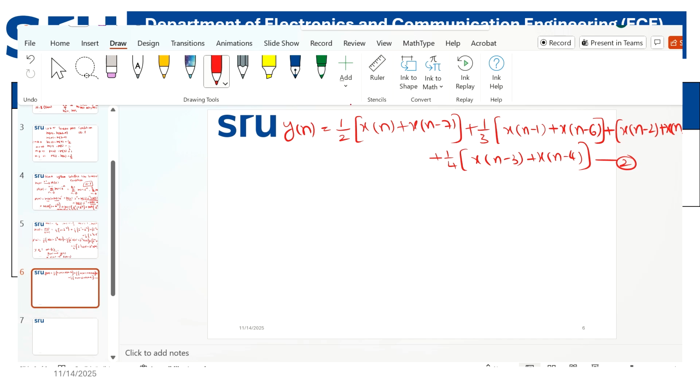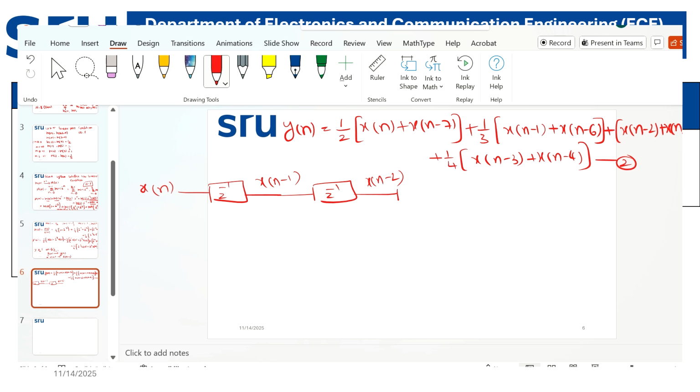Now realize using the linear phase realization. The input is x of n. Now this x of n is delayed by one sample, x of n minus 1. Again delayed by one more sample to generate x of n minus 2. Now how many delay elements do I have to create? Up to x of n minus 7.